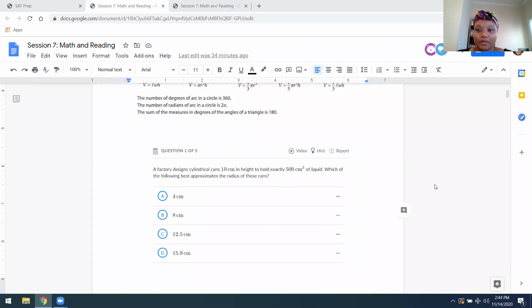DM has an answer. Okay, ML, I see you got an answer. Thank you, DM. Well, ML mentioned it. Do you want to walk us through how you got to answer choice A?